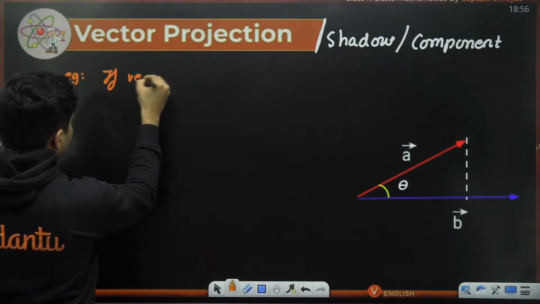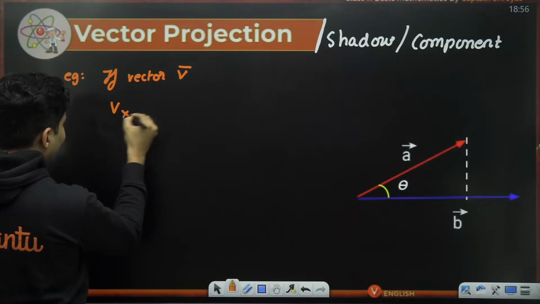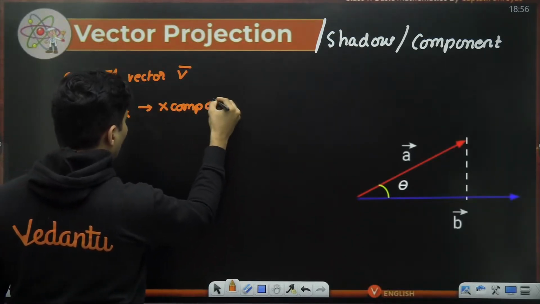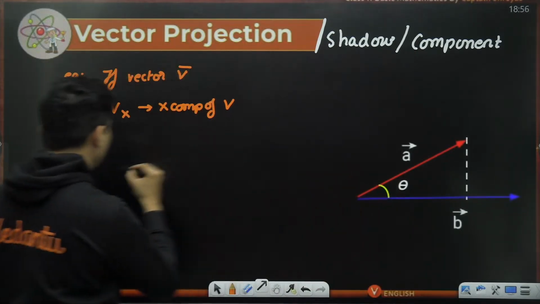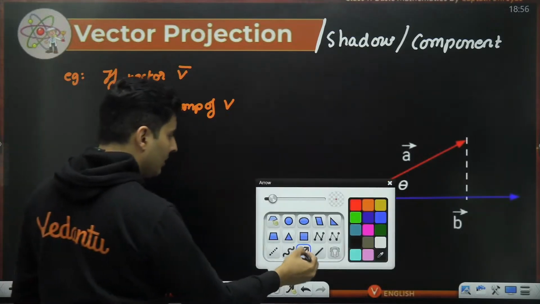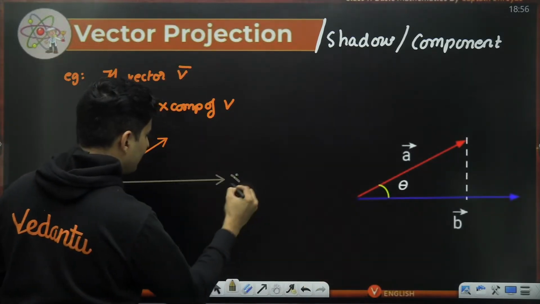If there is a vector, let's say v bar, when I say Vx, it means the x component of V. And what is the meaning of x component of that vector? It means that I have a vector V and then you have some line which you have called as the x-axis.